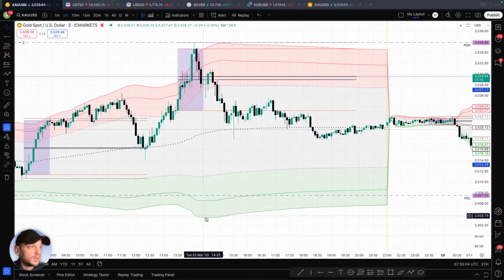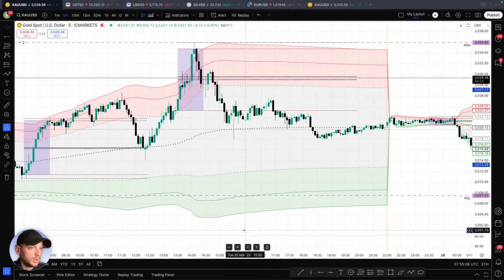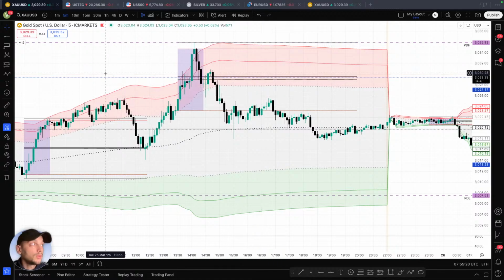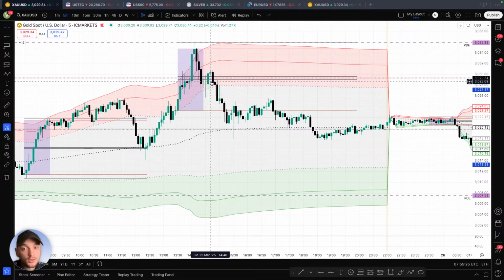So if this DR was down here and it would close below, I wouldn't go short, because we are already in the green area, and that's why people are looking for buys. And you can combine this with everything. Probably today we're gonna try it with, if we see the right setup with the Orb, we can try it with the DR. You can try it with any concepts, any ICT concept.